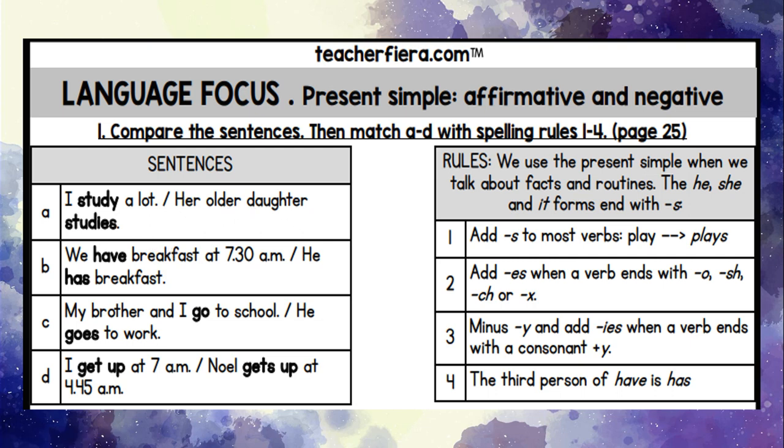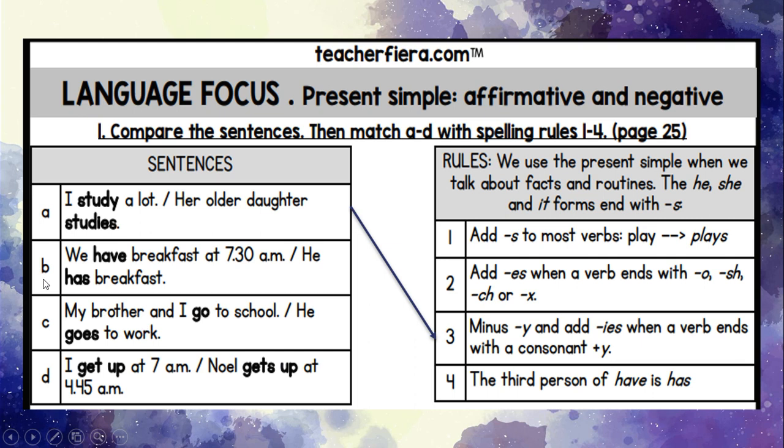So, which rule applies to these sentences? That's right, number 3. Minus y and add ies when a verb ends with a consonant y.